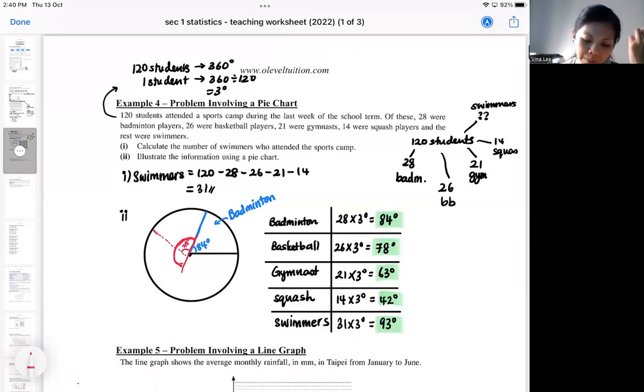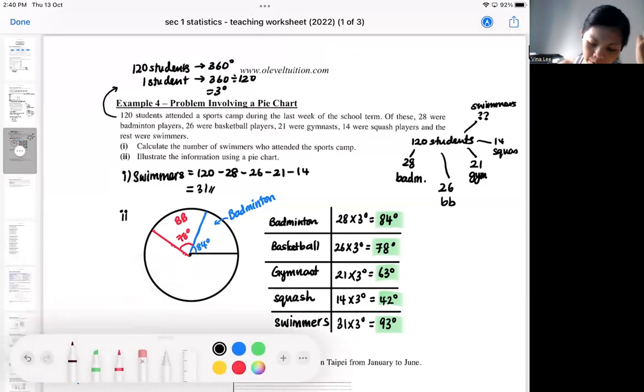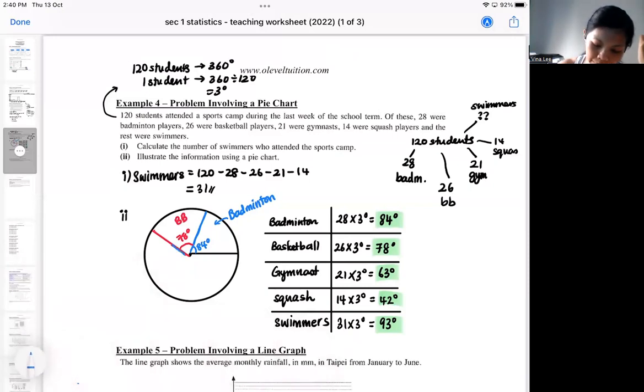I'm just estimating. You should be able to get an accurate one. So that will be the 78 degree here. This will be the one for basketball. Then you put your protractor again here, and you try to locate a 63 degree.